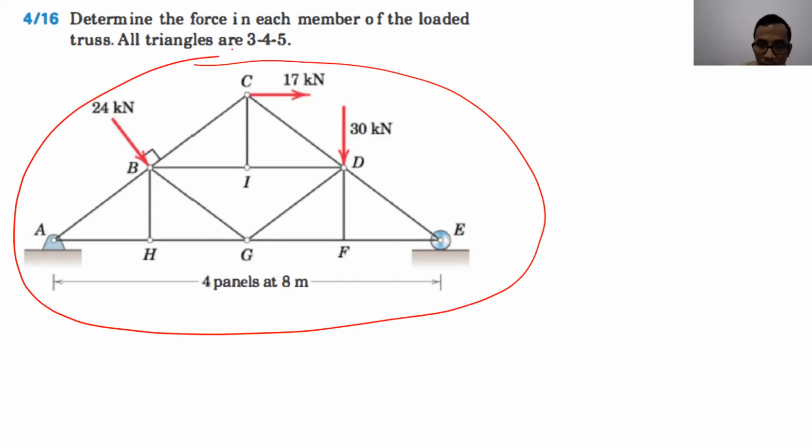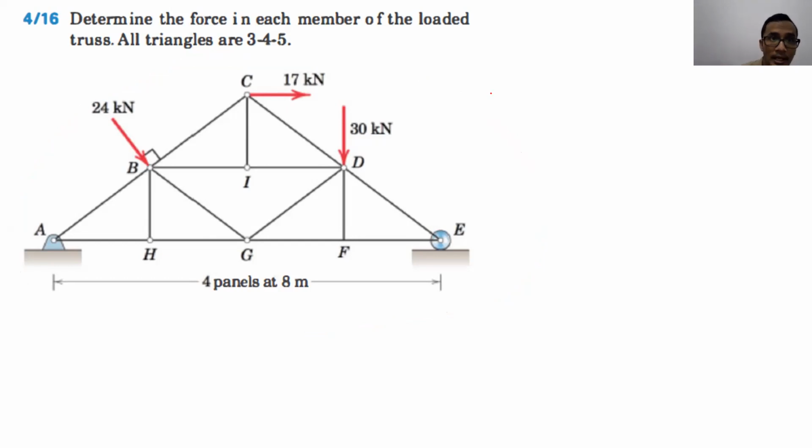The truss is supported at joint E with a roller, and at joint A with a pin. And besides that, you can see that the problem here asks you to find all the stress, all the force which is happening at each member, at all members.